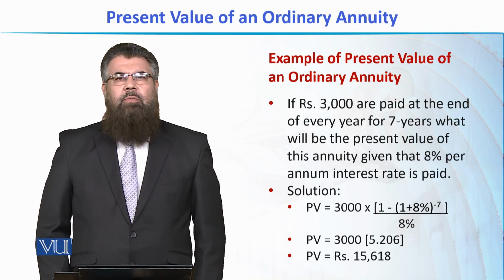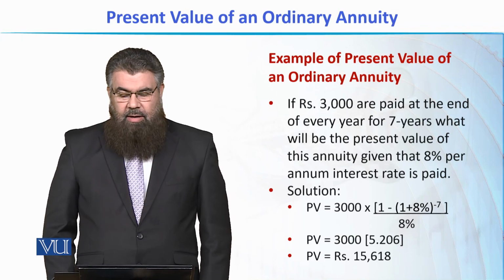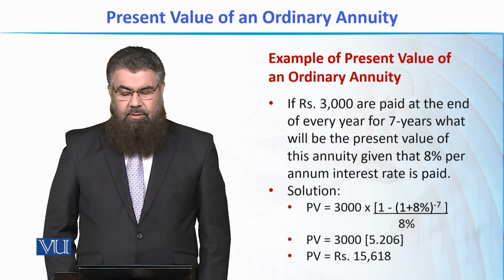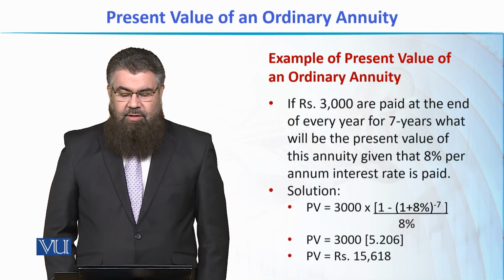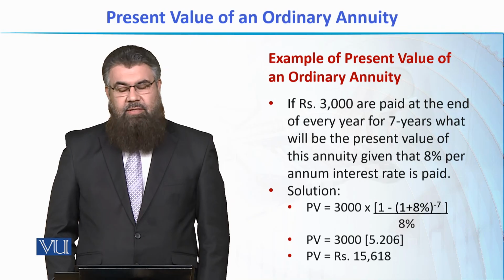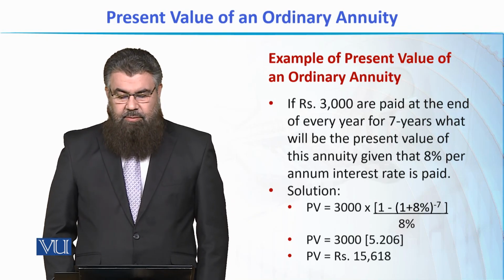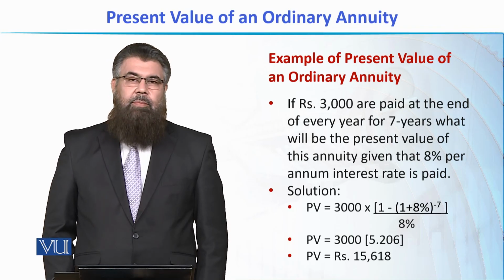Now, let's try to understand this with the help of an example. If rupees 3,000 are paid at the end of every year for 7 years, what will be the present value of this annuity given that 8% interest per annum is paid?